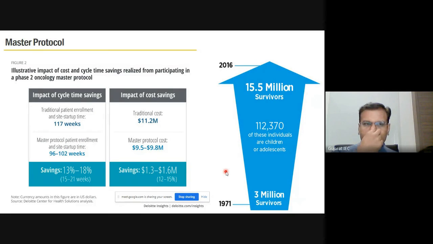However, over a period of time, they have shown many advantages. There has been a huge saving in time as well as cost by using these master protocols.